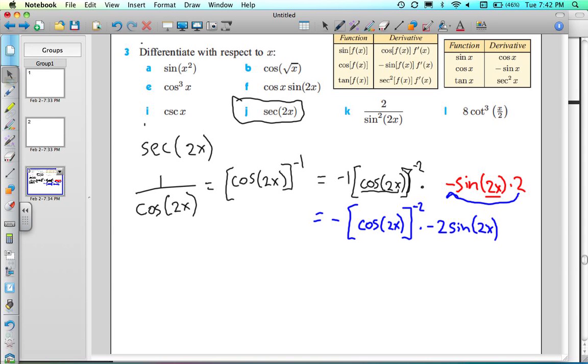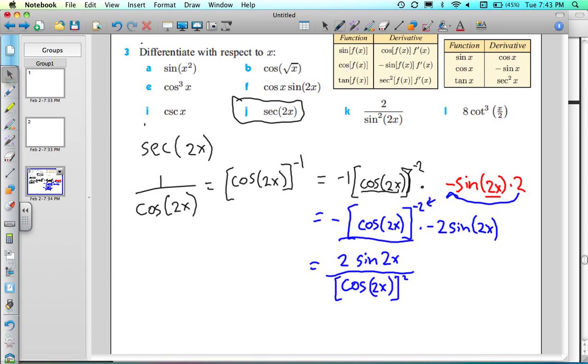Now you also notice we have a negative times a negative, which becomes a positive. If I rearrange this so that the negative 2 exponent becomes a denominator, we end up with 2 sine 2x divided by cosine of 2x raised to the second power, so cosine 2x squared. You'll notice this is similar to what we had before.